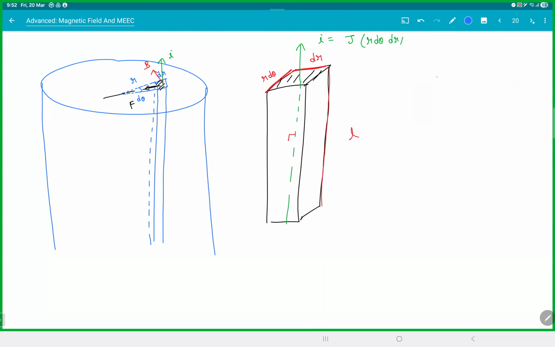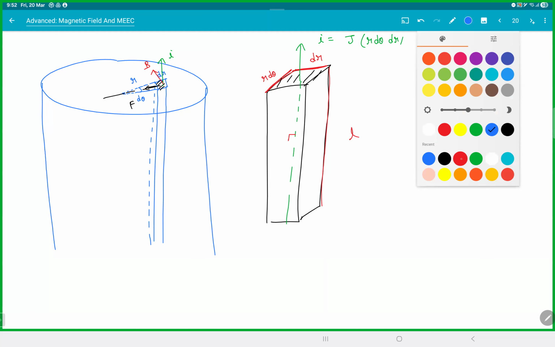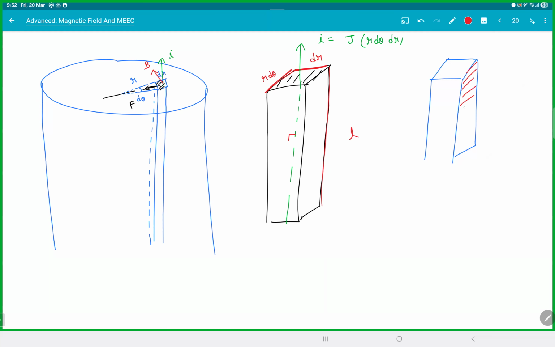So which area are we talking about? We are talking about this area, which is L, and this is r d theta. So your force is acting actually in this area. That is your force. So the pressure will be force by area.